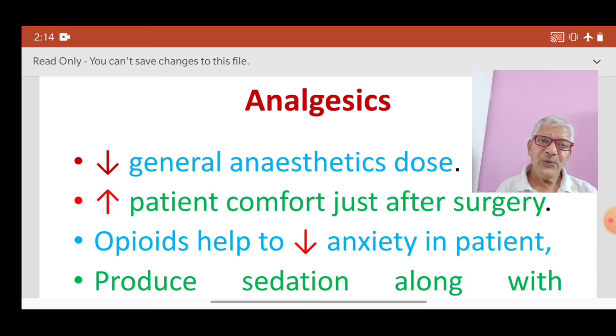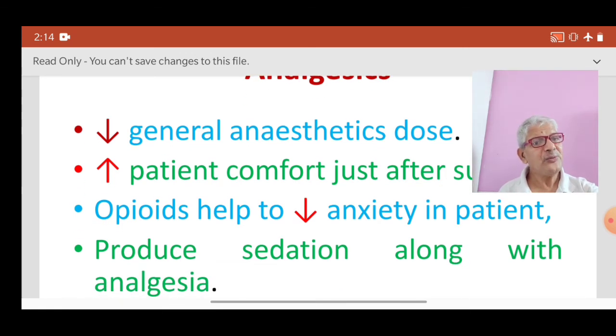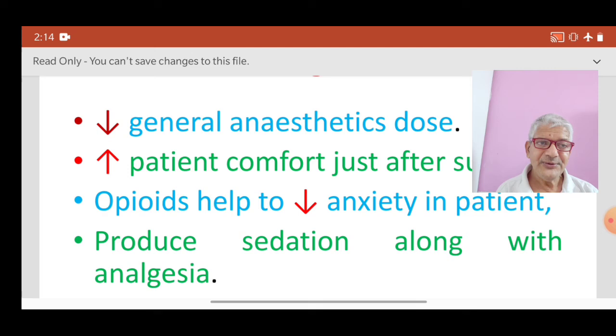Usually, opioid analgesics are used as pre-anesthetic medications. These opioids act as analgesics and also reduce anxiety in patients. These opioids have analgesic effect along with sedative effects.